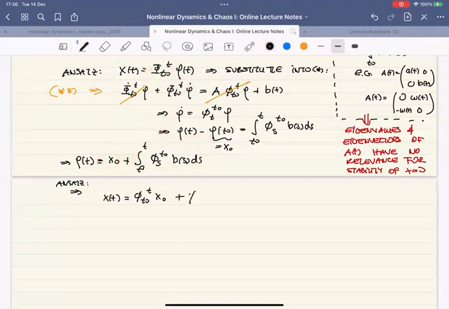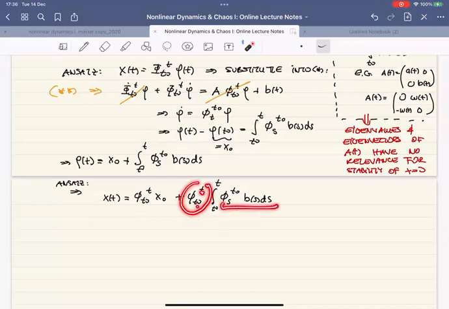So plus phi t naught t, integral from t naught to t, I have phi from s to t naught, bs ds. Now the good thing is that this doesn't depend on s, it only depends on t naught and t, which from the point of view of integration, both are constant. So I can grab this and put it inside, which I can, then these two matrices will multiply each other.